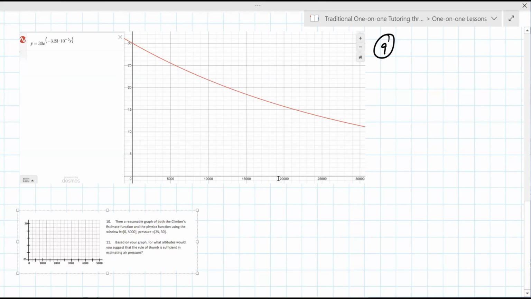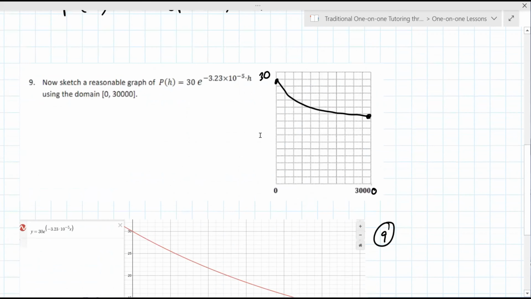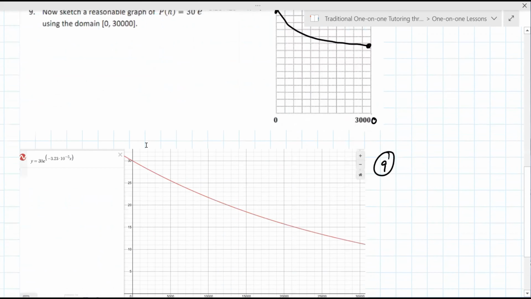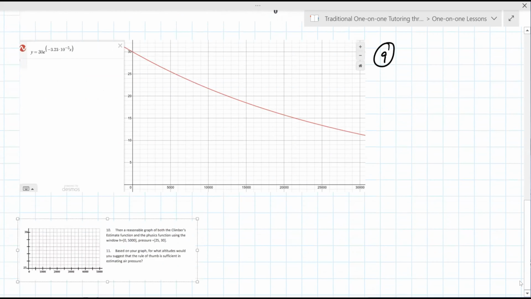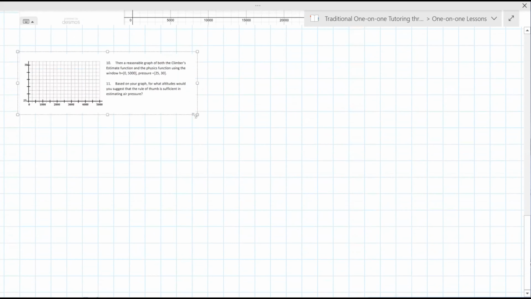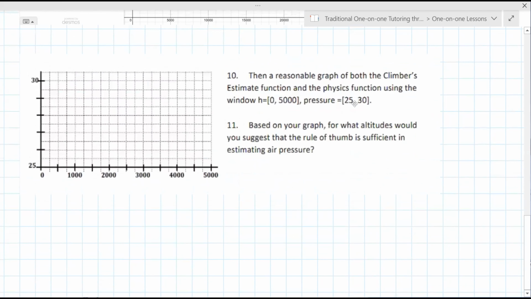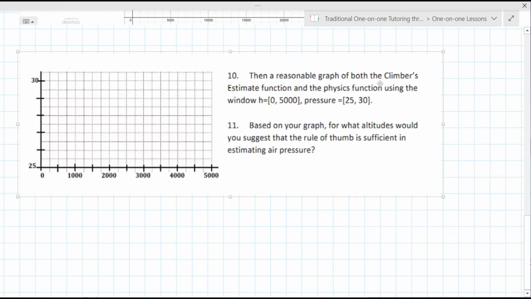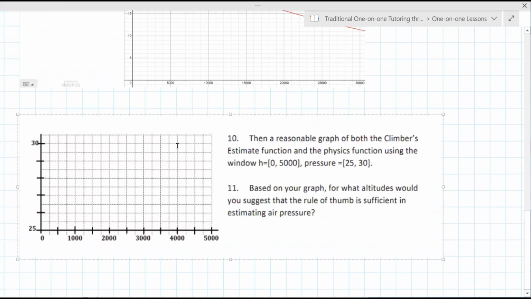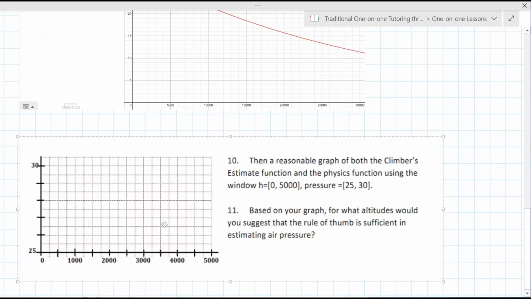And I don't know if that was made clear. This is correct for 9 because it's this graph here. But for 10, they're saying, now here's a different window. It's both the climber's function and the physics function. So they want you to graph both of these things. We can't do this until we do part A or part 1 through whatever. So I guess you do have to go back and share that. We have to come back to this. I'll share real quick.